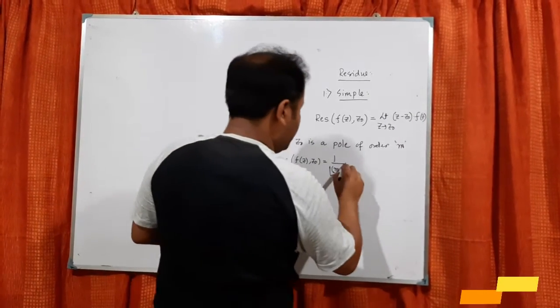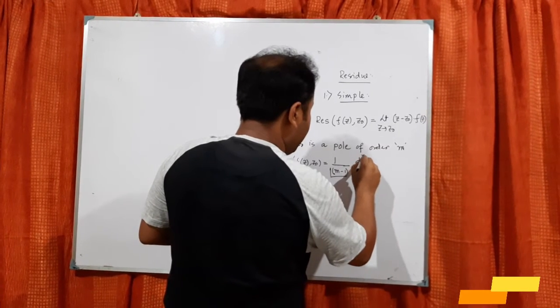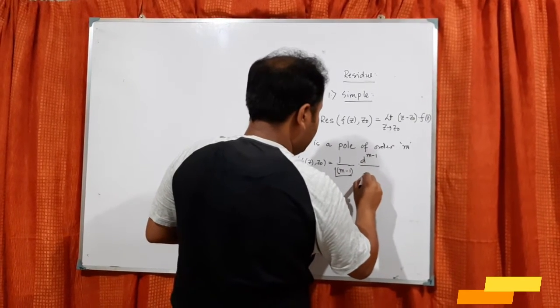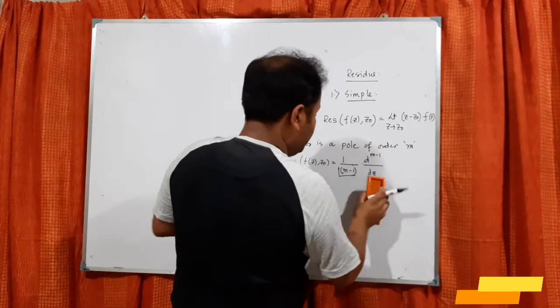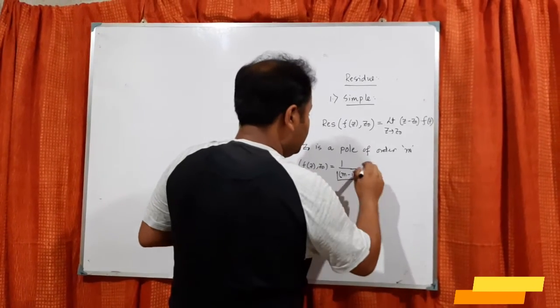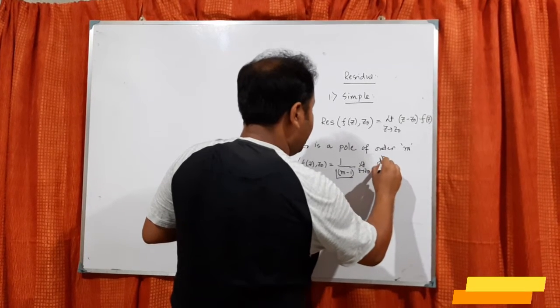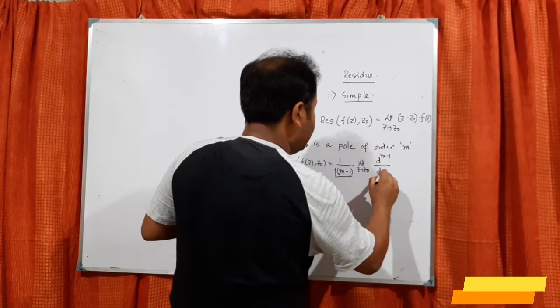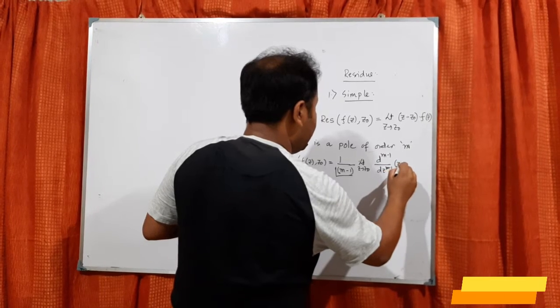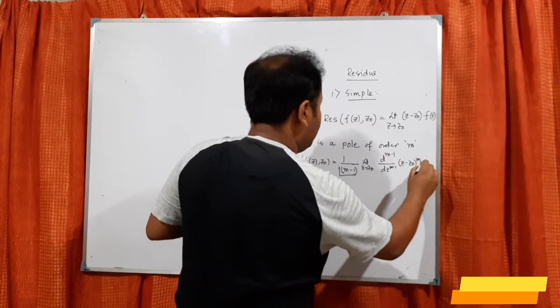Try to understand this formula. Then limit z tends to z naught of d^(m minus 1) by dz^(m minus 1) of (z minus z naught) power m times f(z).